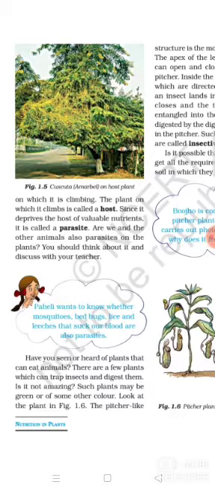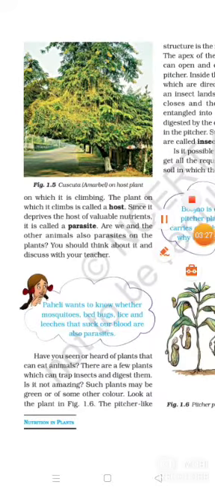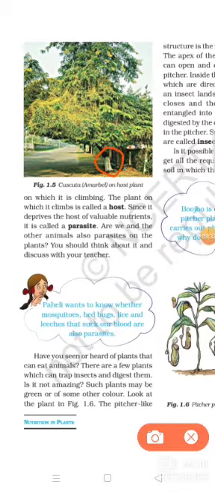Now, friends, the plant which it climbs is called the host. Now you are seeing this tree. On it the cuscuta is present, so this tree is the host. Since it deprives the host of valuable nutrients, it is called a parasite.